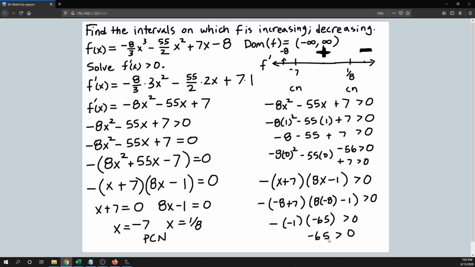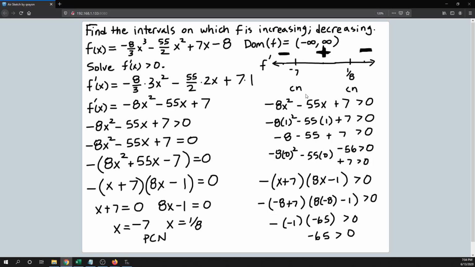All right, so that gives me a minus over here on this last piece. All right, so I have this little sign diagram generated. That is going to tell me exactly where the function is increasing and where it's decreasing.